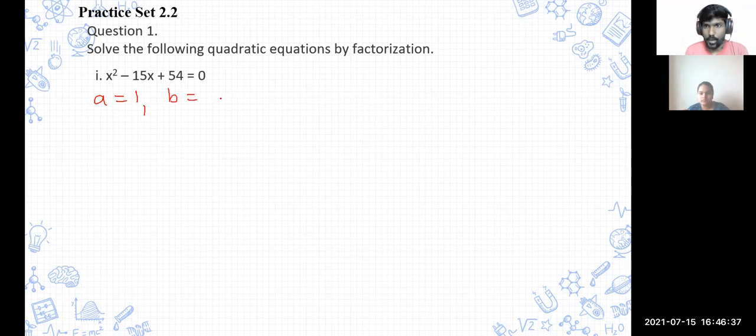Always write it down when you're working with a quadratic equation.